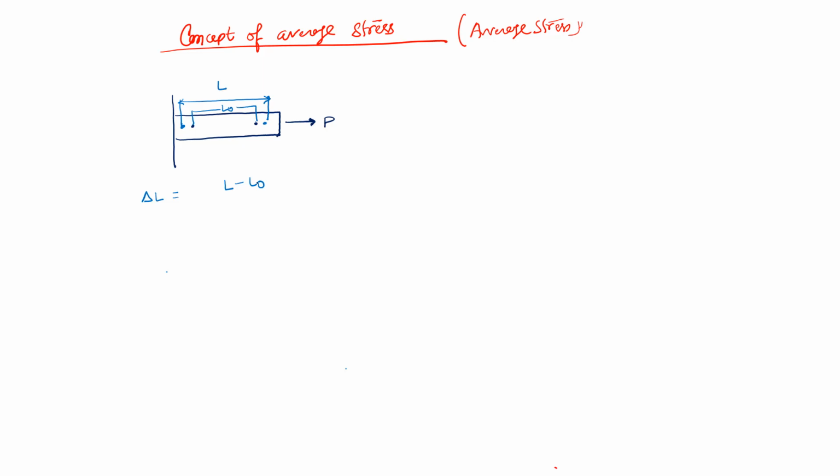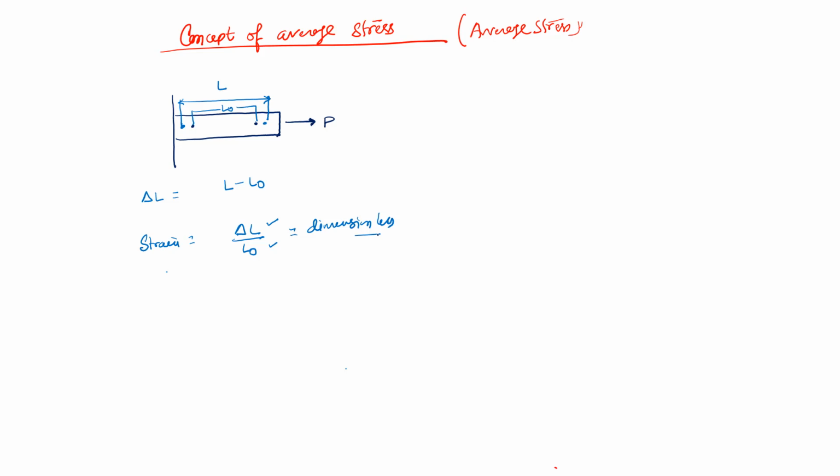And what is the initial length? It is L naught. So the strain we define in terms of change in length divided by the original length, and since it is length divided by length, it is dimensionless.